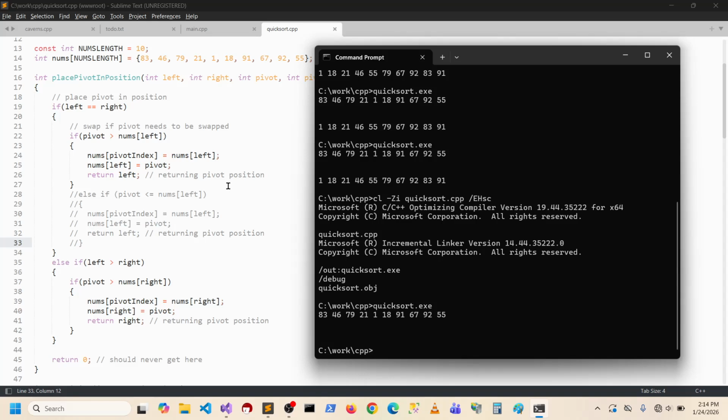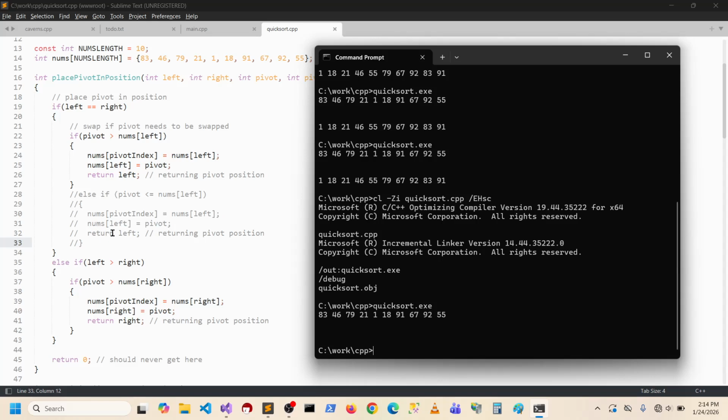Because that one makes sense. This one makes sense, but else, what would be the difference though? 67 and 79, else. Return left.